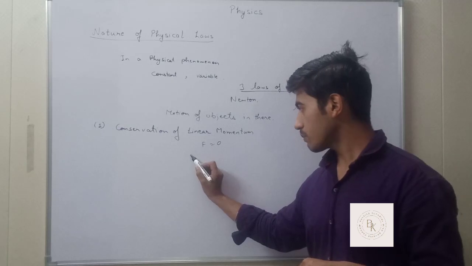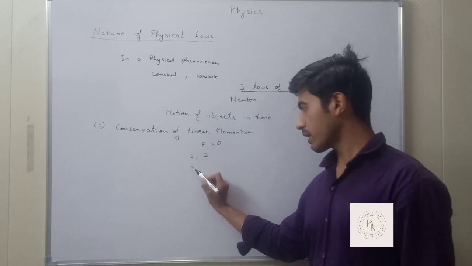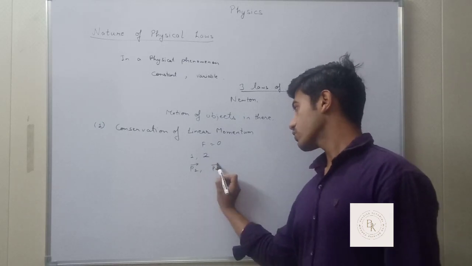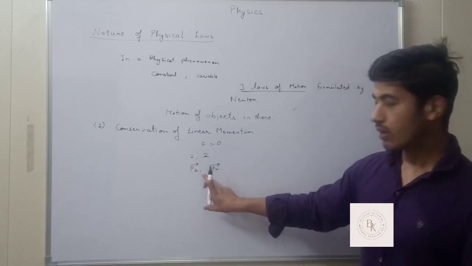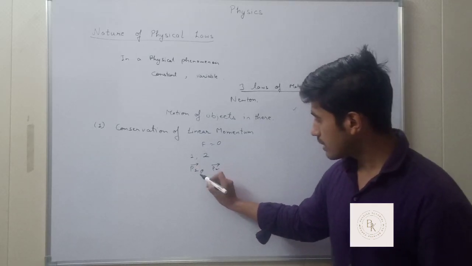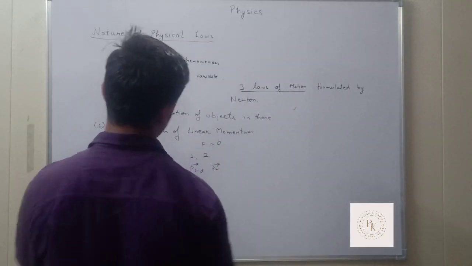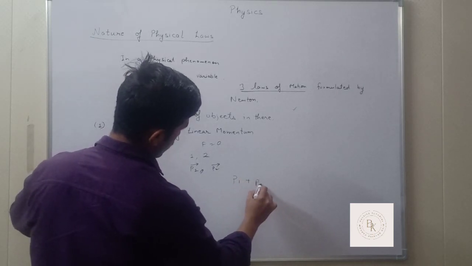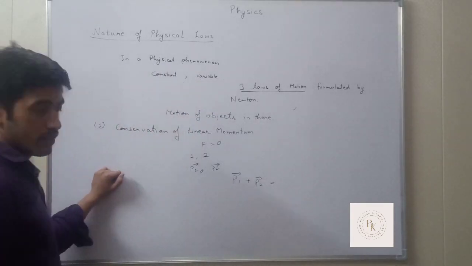The first is 1 and the second is 2, and the linear momenta are respectively P1 and P2. Okay, it's a vector quantity, so I am placing an arrow above it. So these are represented by P1 and P2, and the law of conservation of linear momentum says that the sum of the linear momentum of the two particles remains constant.